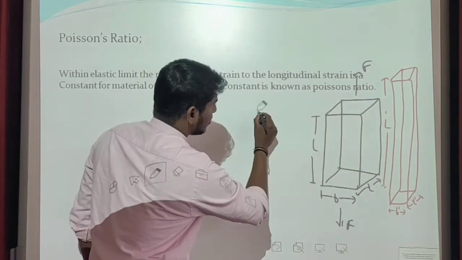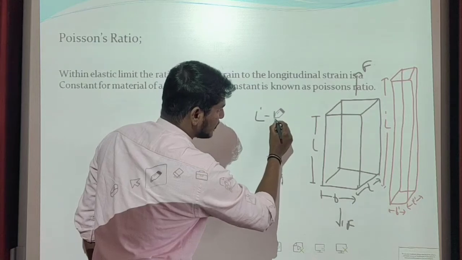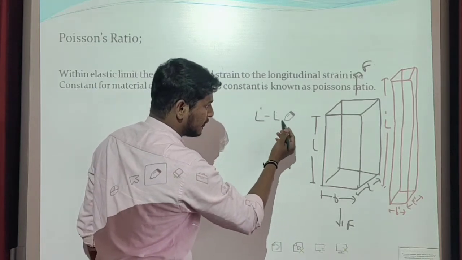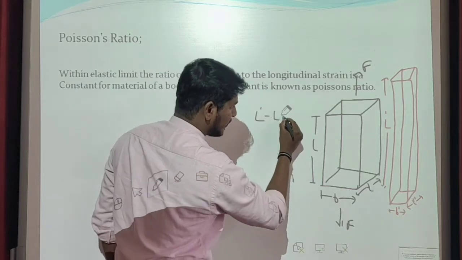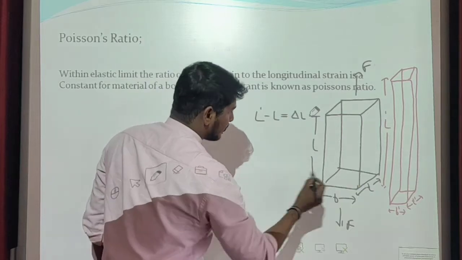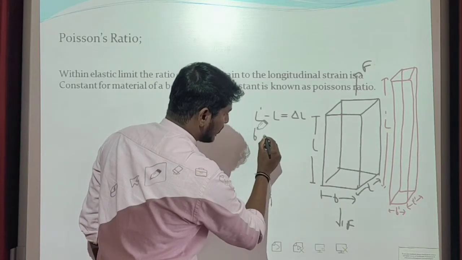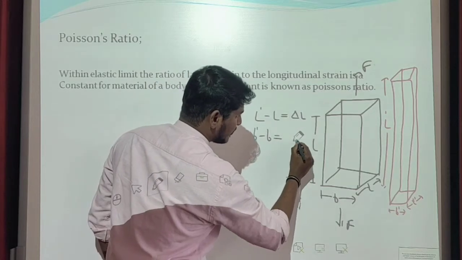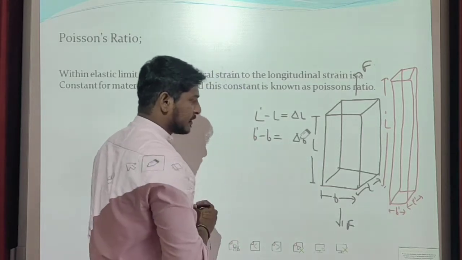Here L dash minus L, final length minus initial length, gives us delta L, and final breadth minus initial breadth gives us the change in breadth.